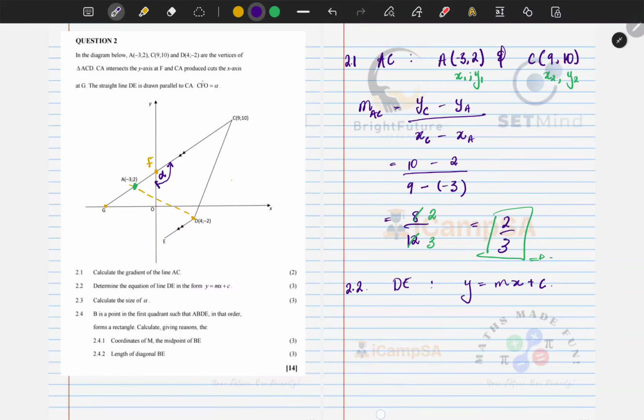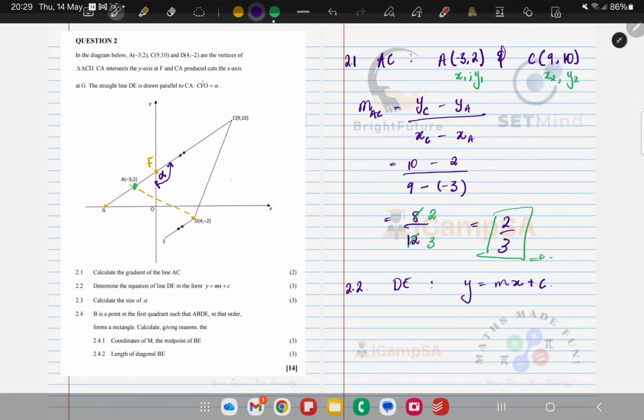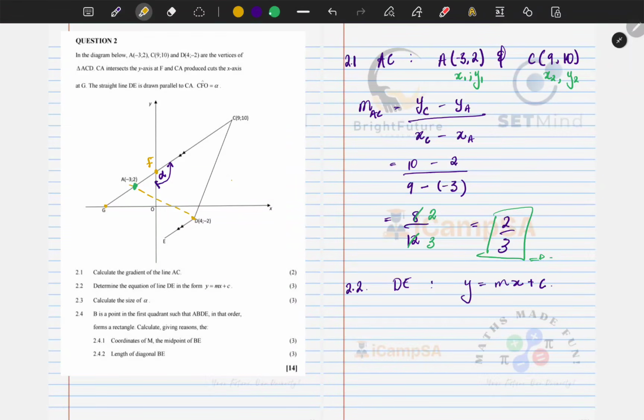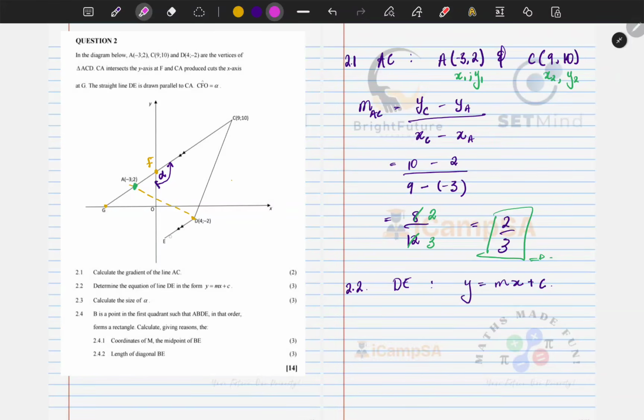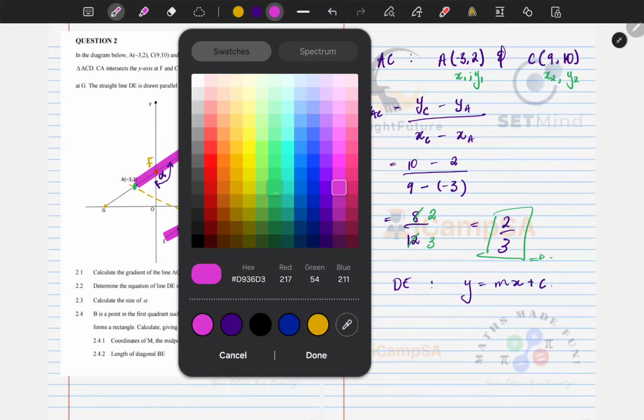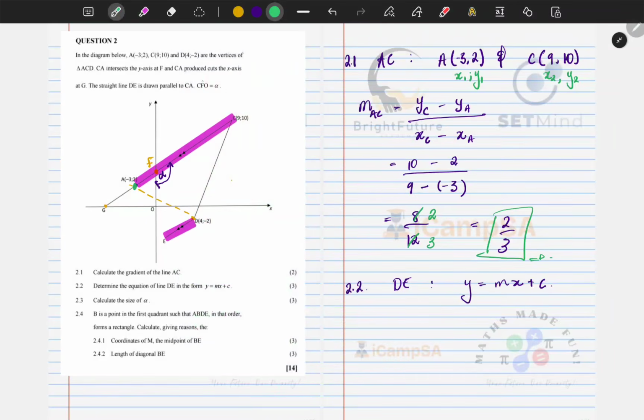Let's just try to highlight DE, using a different color. So this will be your DE. What they want is very simple: they want the equation of DE.